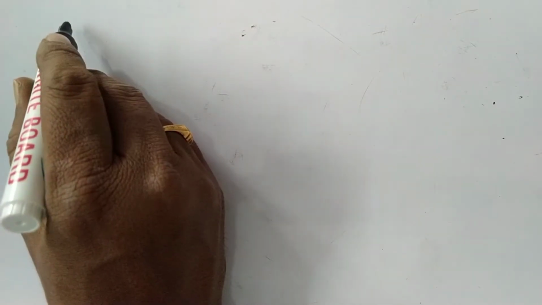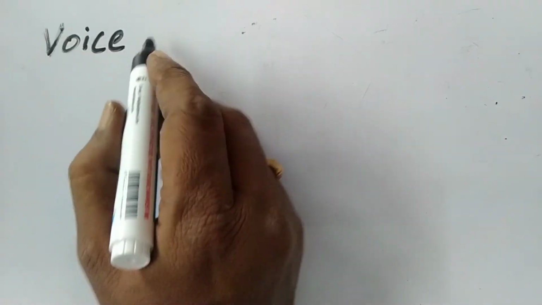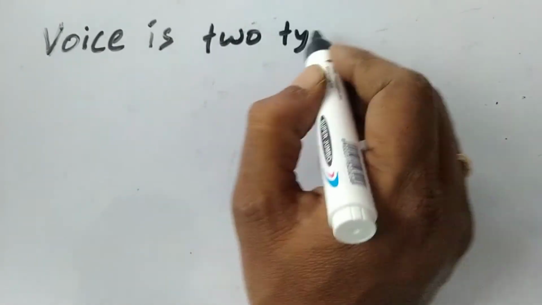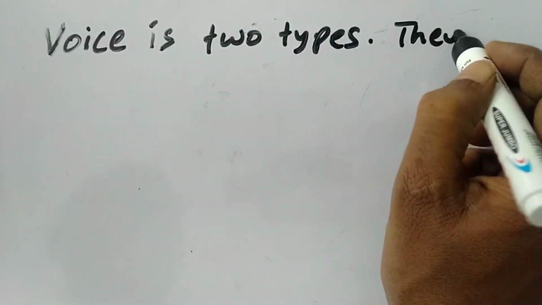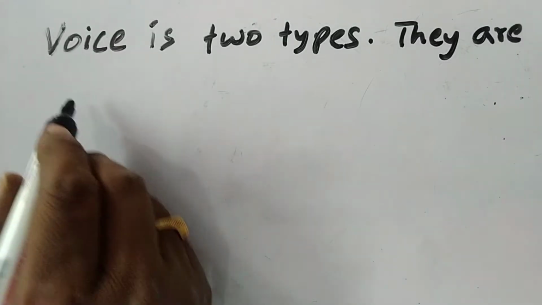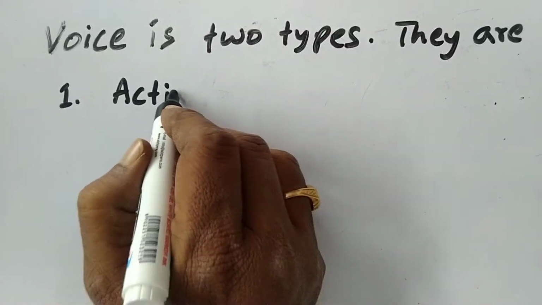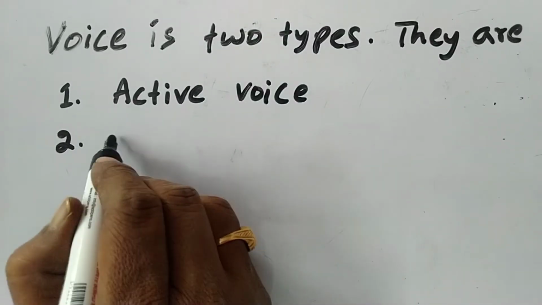Voice is two types. They are: first one active voice, second one passive voice.